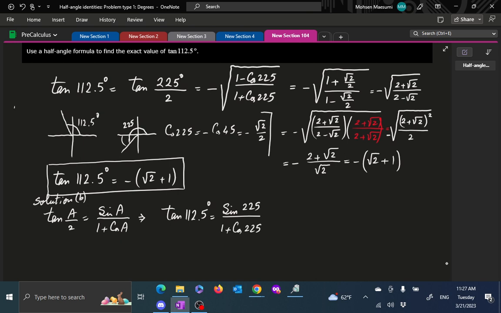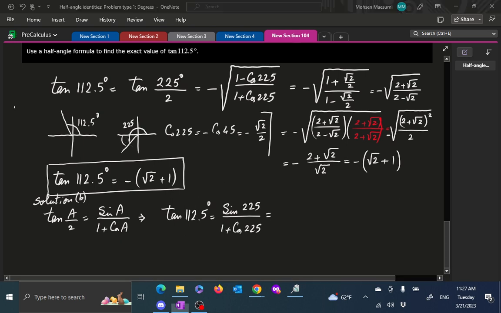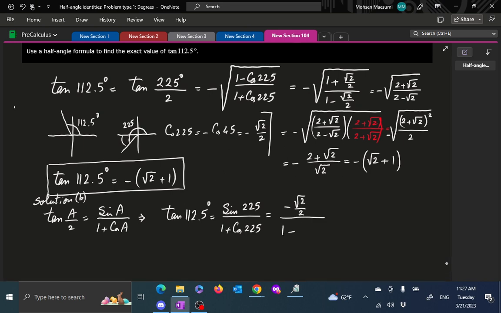Okay, with double. Now sine of 225 is going to be minus radical 2 over 2. So cosine, same way, minus radical 2 over 2. We go ahead and multiply by 2.